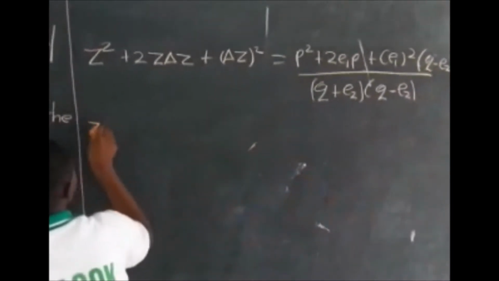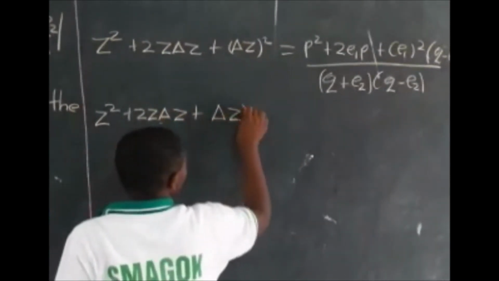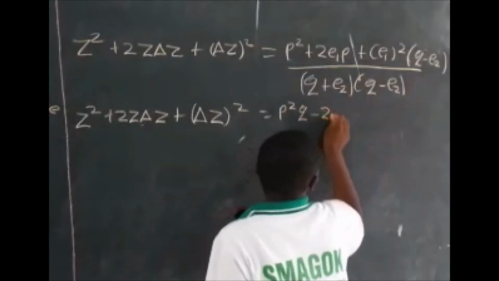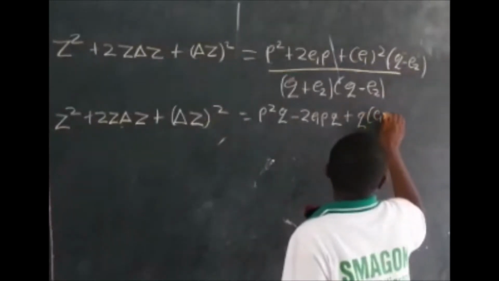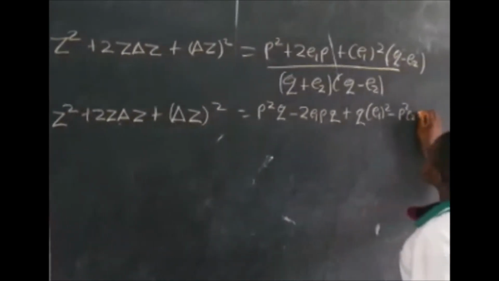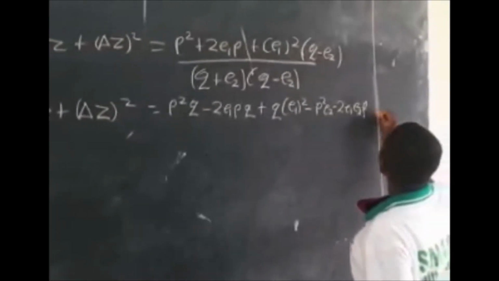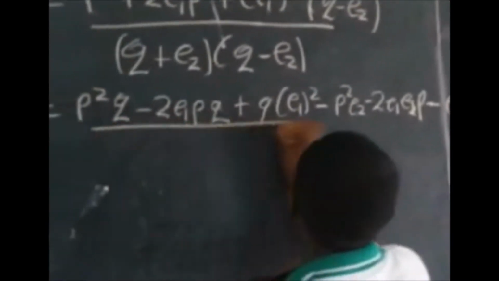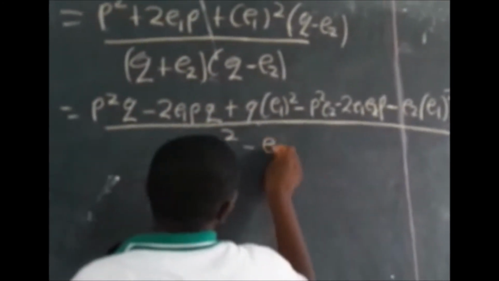From there we shall obtain Z squared plus 2Z delta Z plus delta Z squared is equal to P squared Q minus 2E1PQ plus Q into E1 squared minus P squared E2 minus 2E1E2P minus E2 into E1 squared, out of, this is the difference of two squares, so we shall write it as Q squared minus E2 squared.